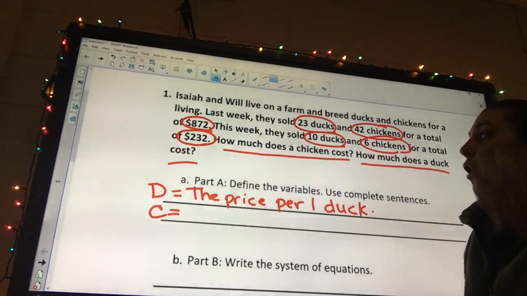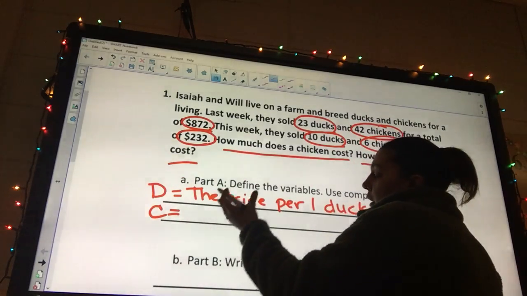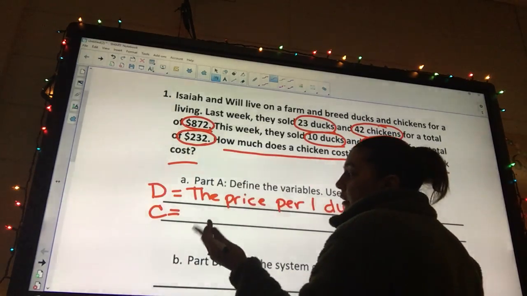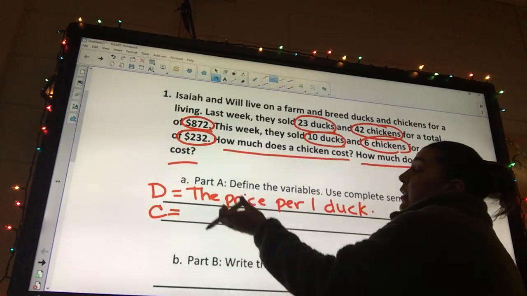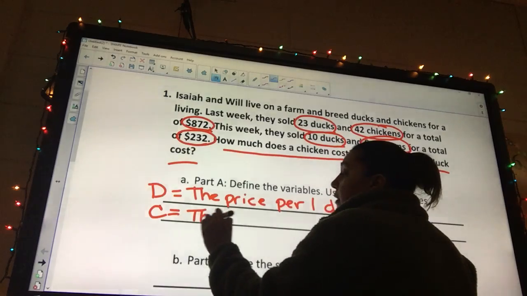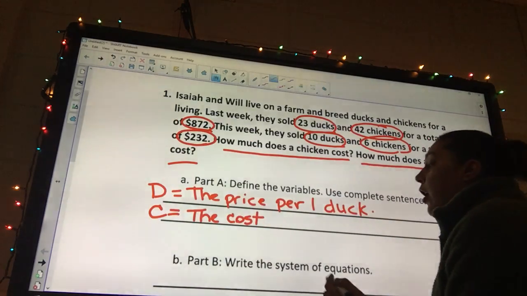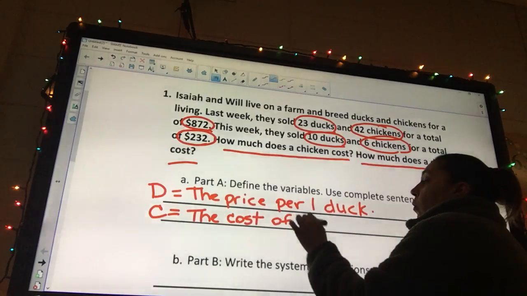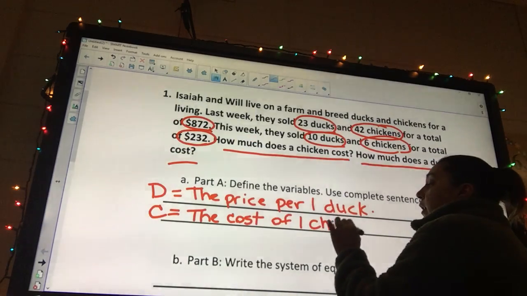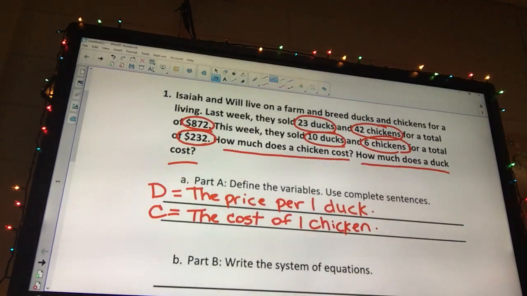You could say the price per one chicken, but I'm going to say the cost, because cost is the equivalent word for price: the cost of one chicken. Same thing, we can't say chickens because we're only looking for the cost per one chicken.